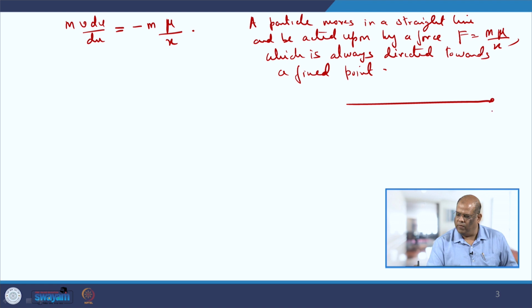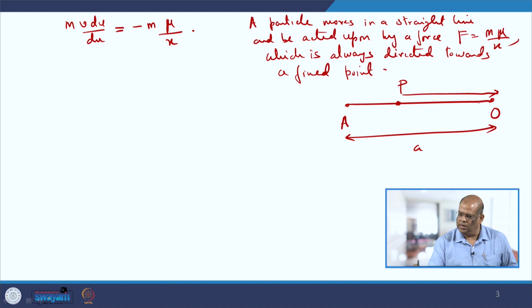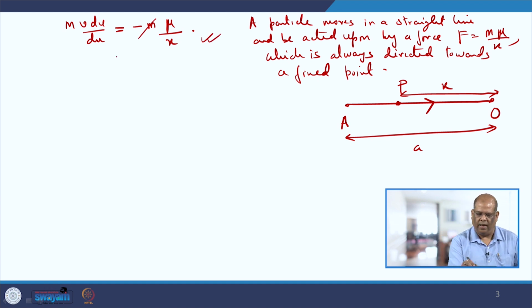So, this is your fixed point O, this is from where it is starting, this distance is A, this is the point at any time t, and this point is your variable point x, and it is moving towards O. So, this is the situation. So, now you have to solve this differential equation, and this m cancels. So, you get v square by 2 equal to minus mu ln x plus some constant.